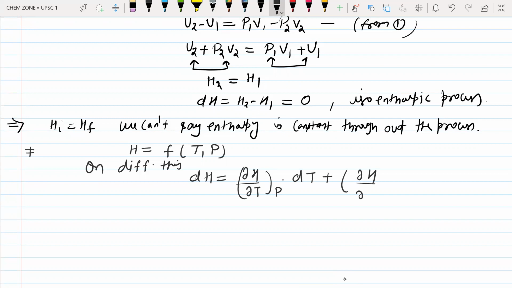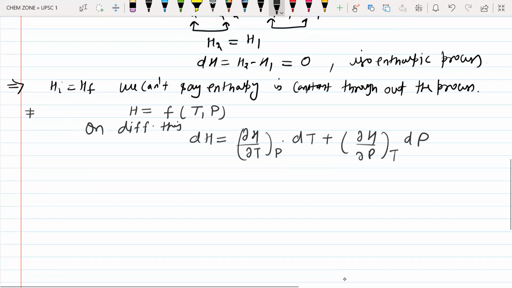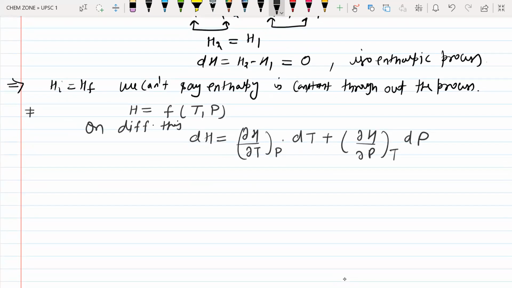Similarly, the partial differential of the second function, assuming the first function as constant. For the Joule Thomson effect, we just proved that it's an isoenthalpic process. So we can put dH equal to 0 in the above equation.